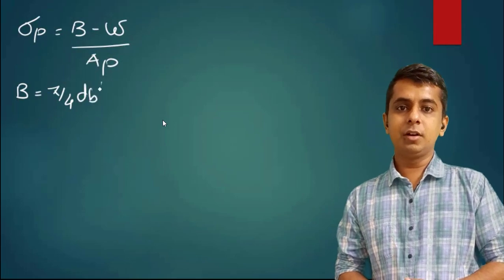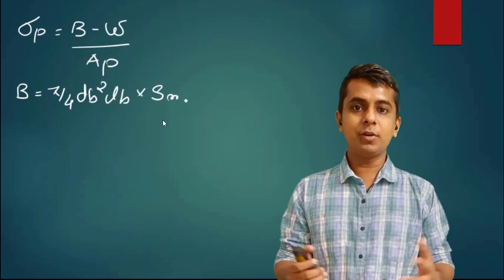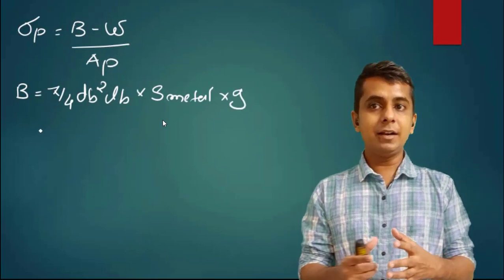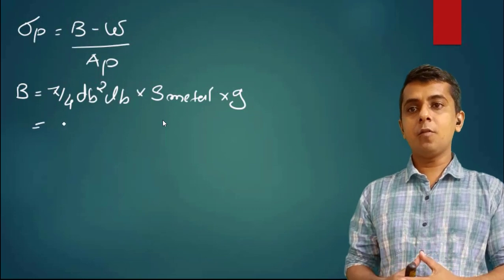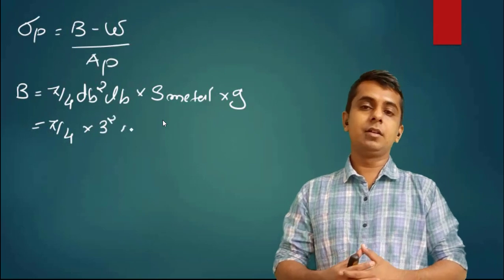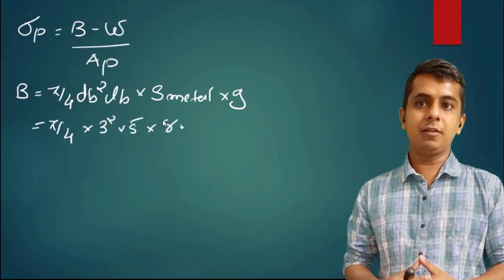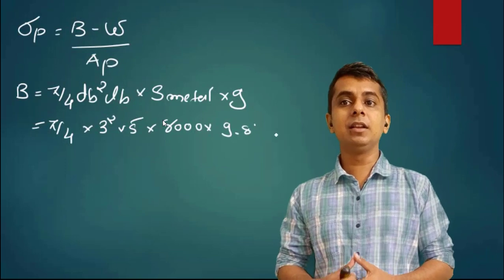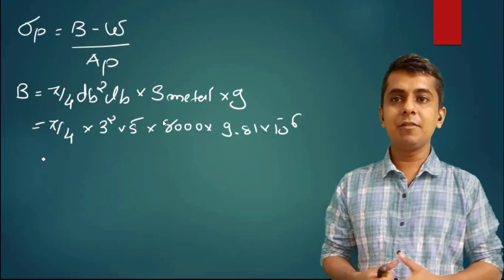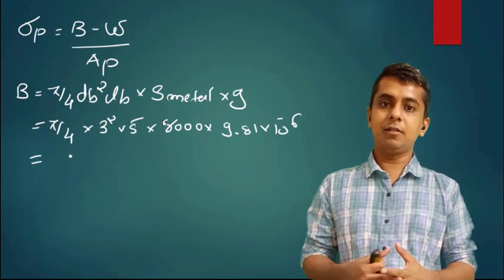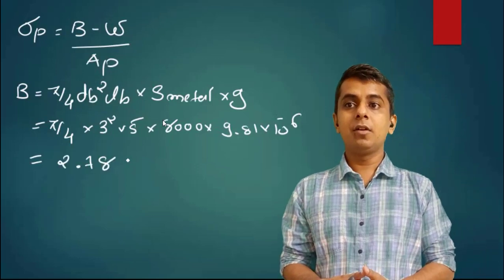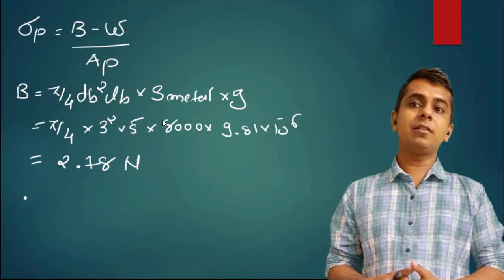First you need to determine the buoyancy force, which you obtain by multiplying the volume of the core body with the metal density and the gravitational acceleration. Putting in the core diameter, core length, and the density of steel, 8000 kg per meter cube, and converting the dimensions from centimeters to meters, you get the buoyancy force as 2.78 Newton.